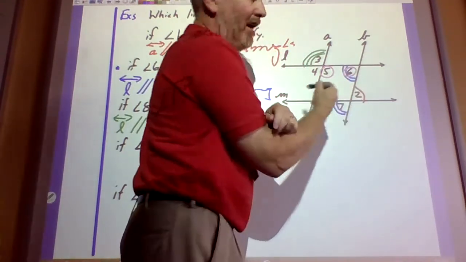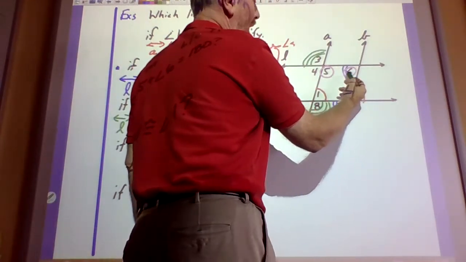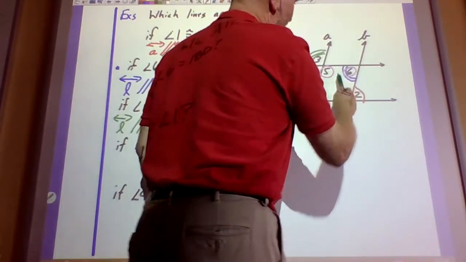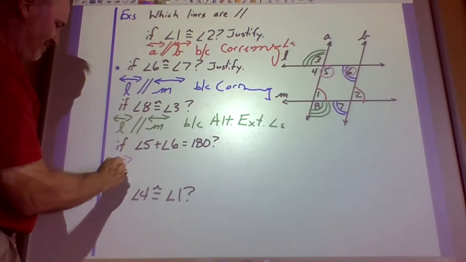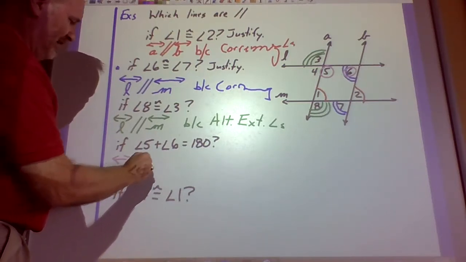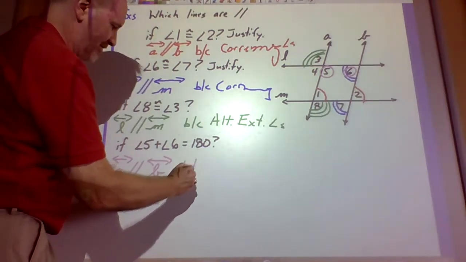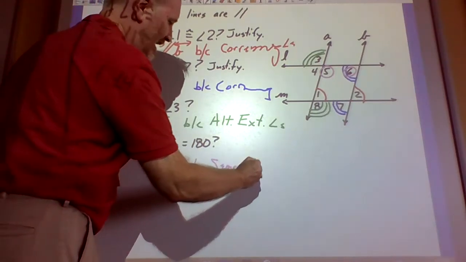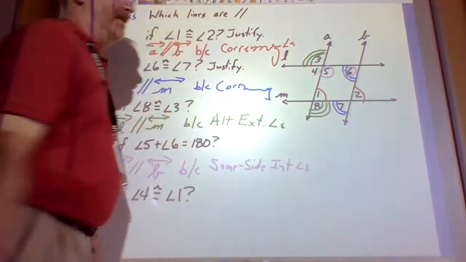They're both underneath it. So they add up to 180. They're on the interior and they're on the same side. So line A is parallel to line B because of same side interior angles.